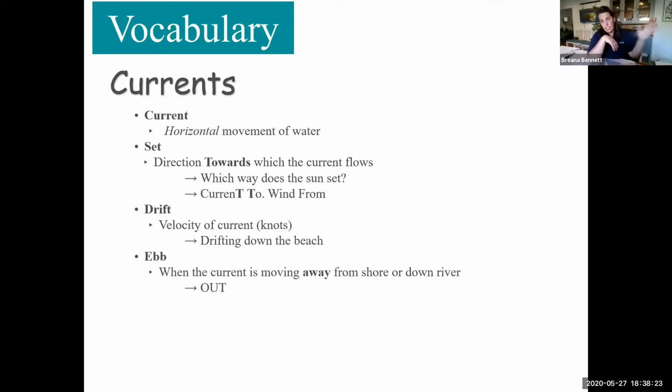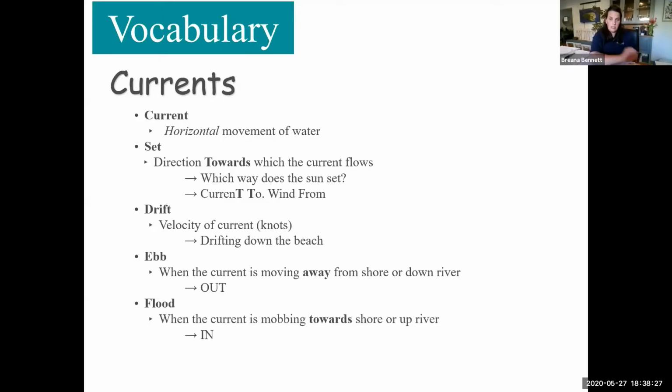So the ebb, everything is coming out of the harbor, and the flood is when everything is coming into the water. So the flood is when everything is coming in, and the ebb is when everything is coming out. And I'm going to show you a visual of this.